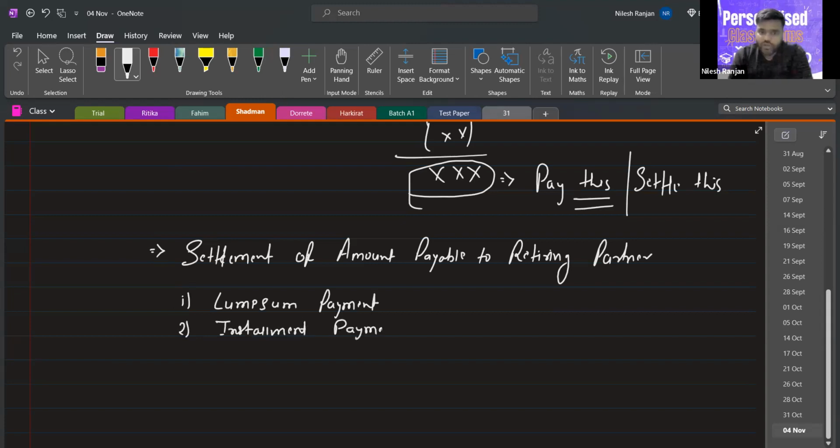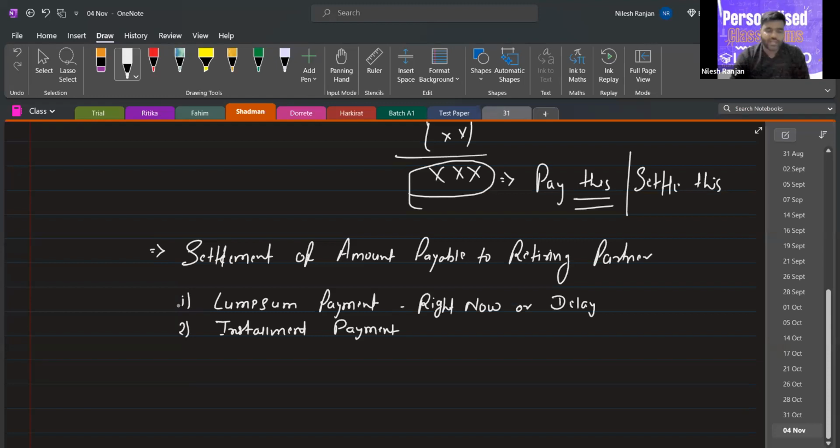There may be one more case here in lump sum payment, that we will delay the payment, but in future we will pay in one installment. So right now we can pay the full amount, or we will delay for some time and pay the full amount in a single installment.